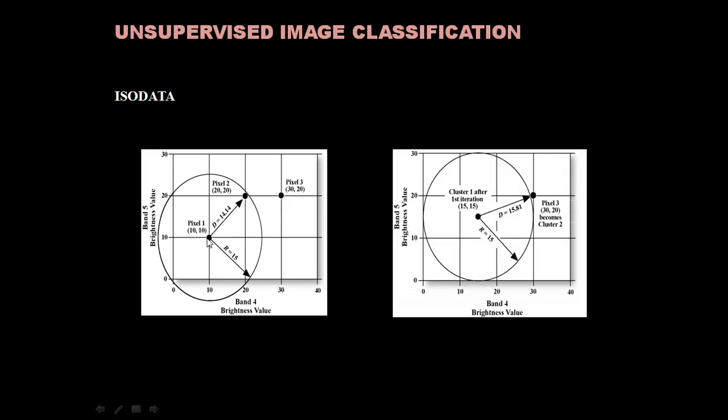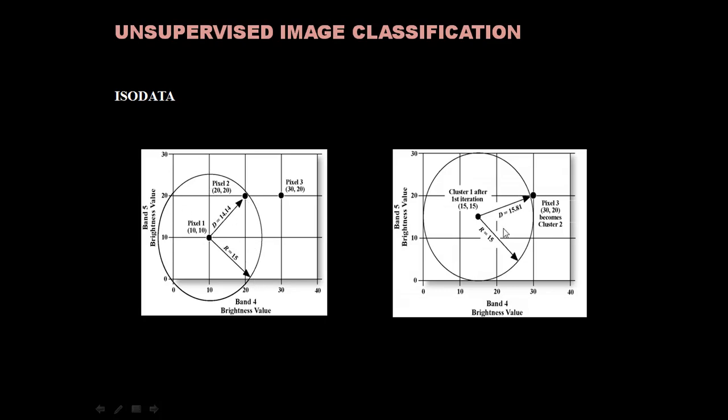Within this domain we have a candidate pixel with coordinate values of 20, 20, and the distance of this candidate pixel from this cluster center is about 14.14. As this is below the user-defined threshold, it will be merged with this class. So this pixel 2 will be of the class of pixel 1. In this way we can make a cluster.